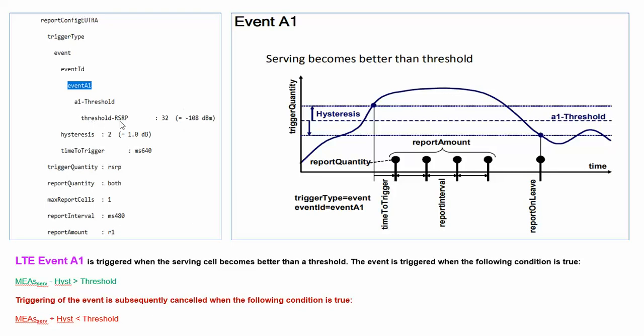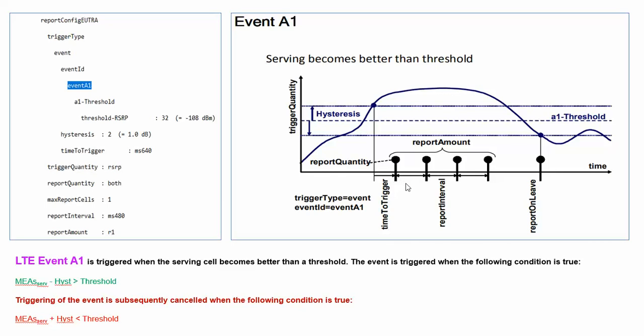Here threshold RSRP is 32. If converted to dBm, it is minus 180 plus 32, because the network always sends an integer. In 5G, RSRP is set in parameter levels 0 to 97. On that basis the value increases. We will discuss this in the next video. I think you understood.